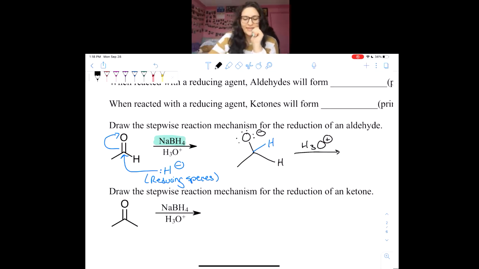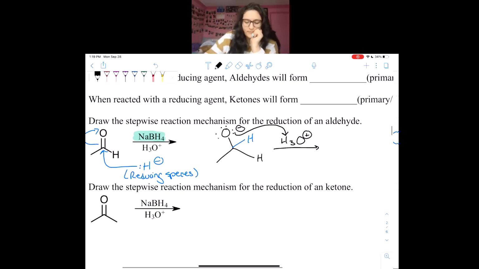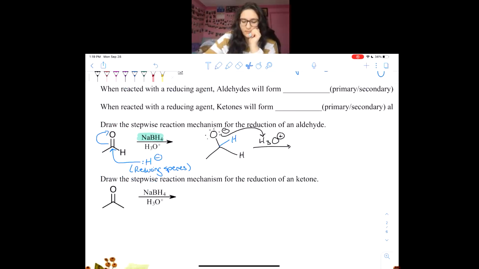Protonation, exactly. So this oxygen will now steal one of these hydrogens. And the only thing that will change is now we have an alcohol.